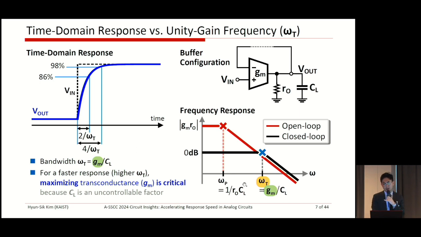Okay, but here, the bandwidth is determined by the transconductance and the output capacitor CL. However, the CL capacitance is an uncontrollable factor. Therefore, we need to maximize the transconductance higher and higher, right? The faster the response, the higher the speed.